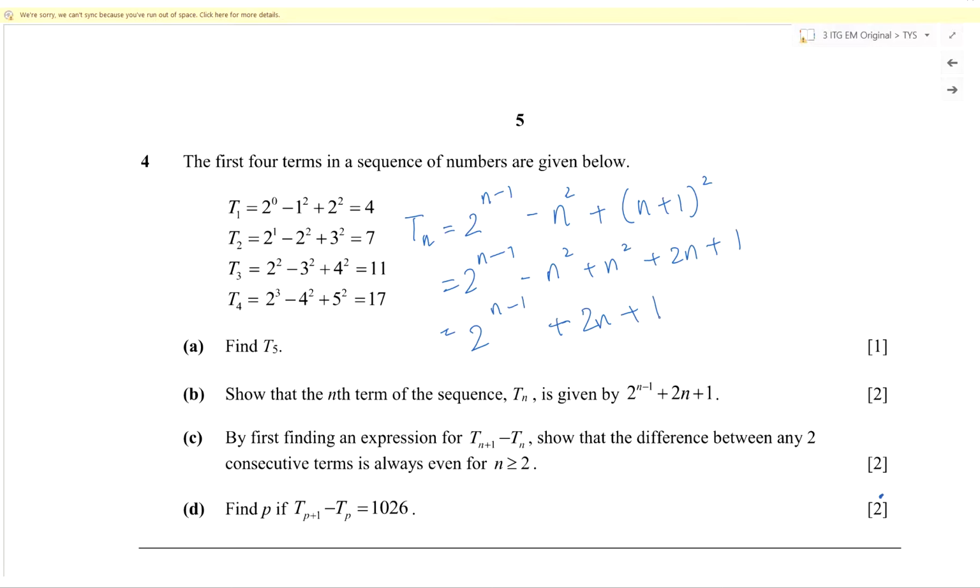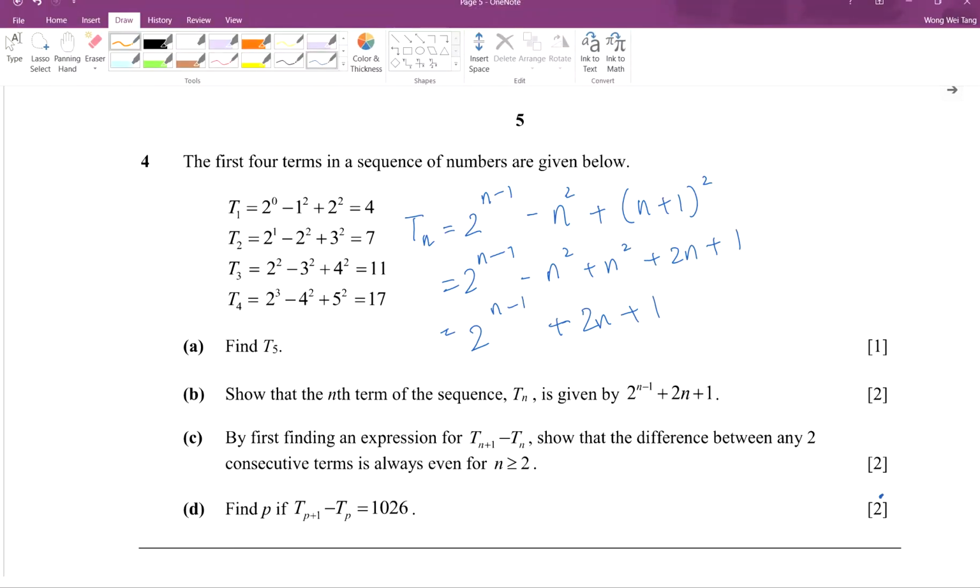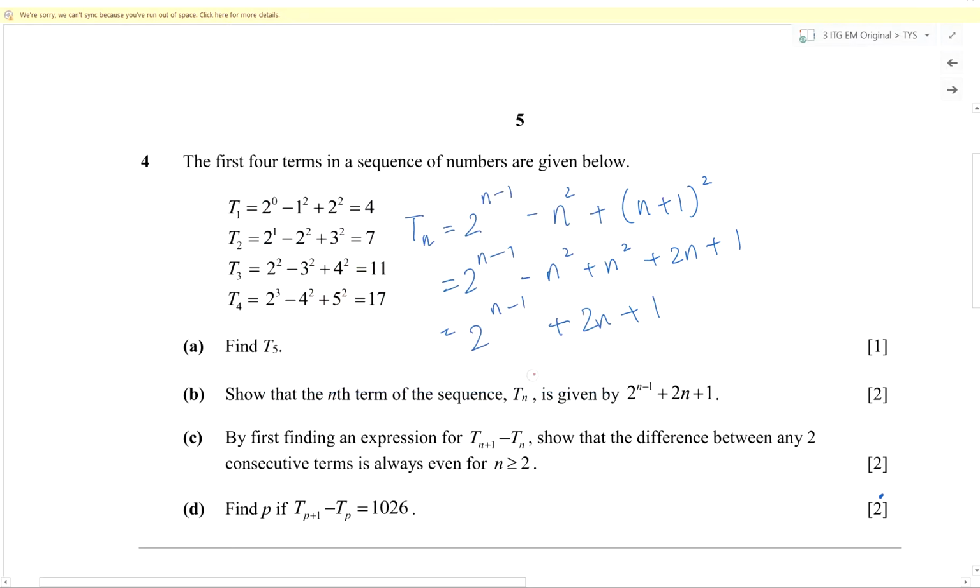Now part C, an extension of this question. By finding an expression for Tn plus 1 minus Tn. Okay, Tn, we know it looks like this. But what does Tn plus 1 look like? Every time I see the n, I change it to n plus 1.